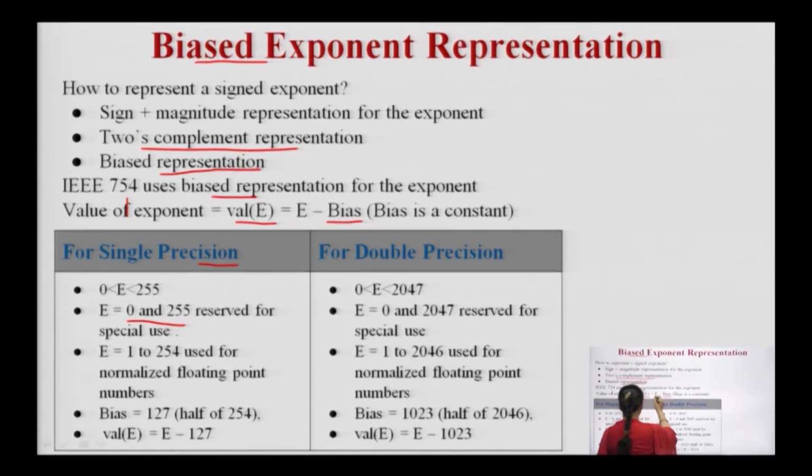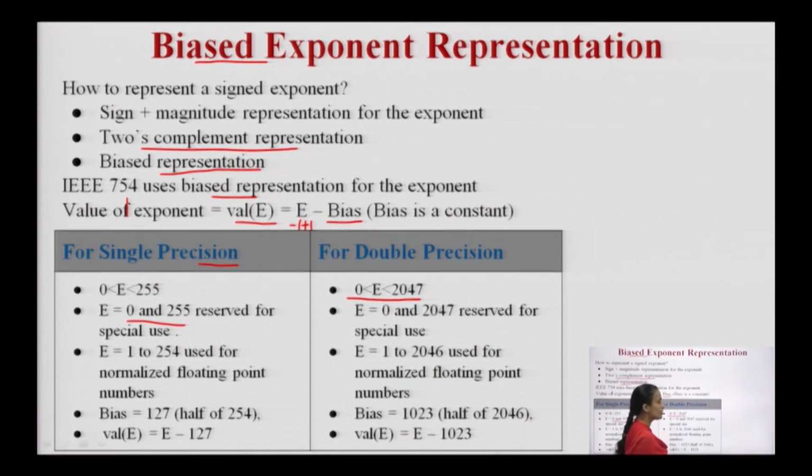So, if I have to calculate the exponent, whatever exponent, either minus 1 or plus 1, I will subtract 127 from it. On a similar basis, the value of E will range from 0 to 2047 in case of double precision numbers.